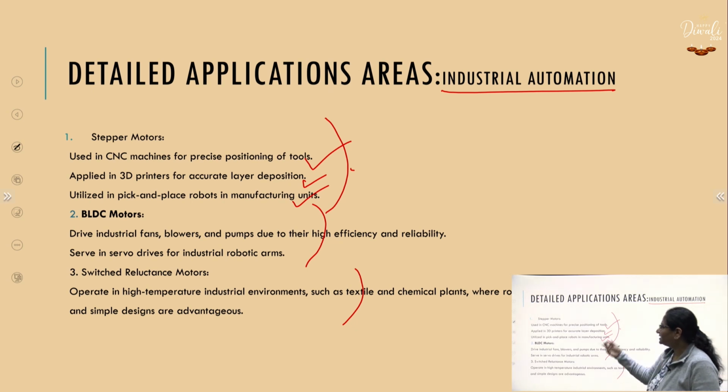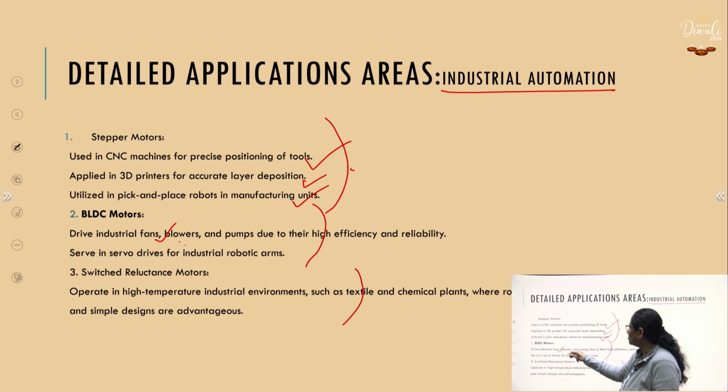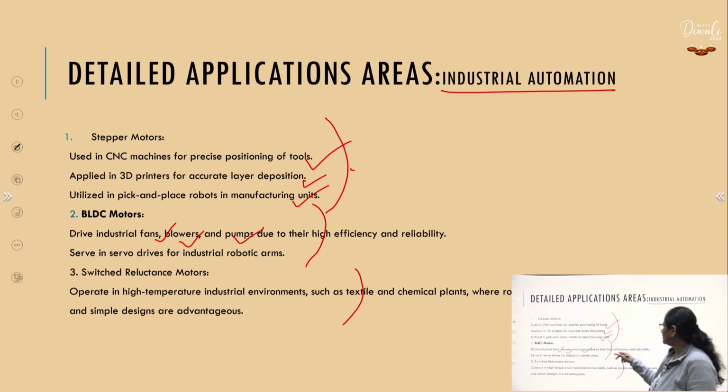BLDC motors drive industrial fans, blowers and pumps. Due to their high efficiency and reliability, they find application in the automation system over the previously developed applications using the conventional machines.